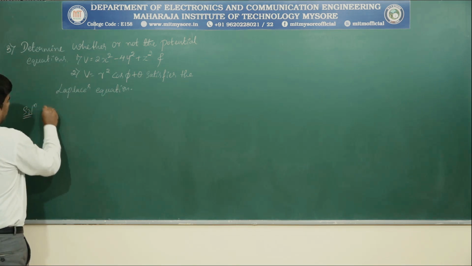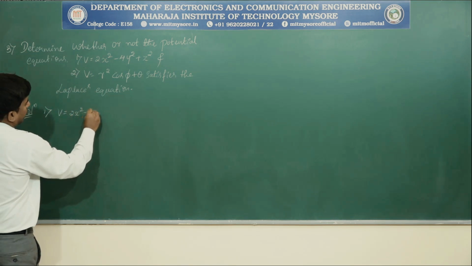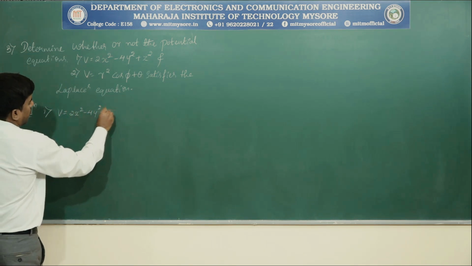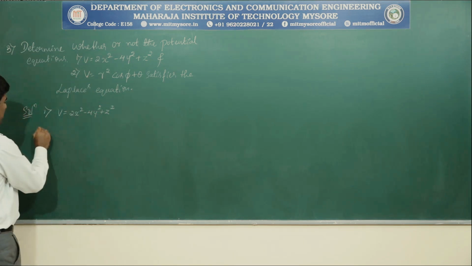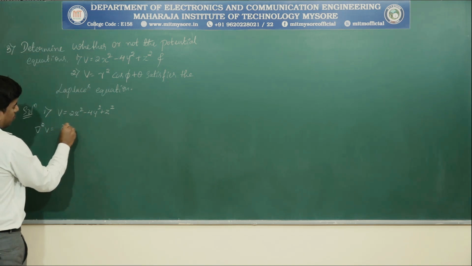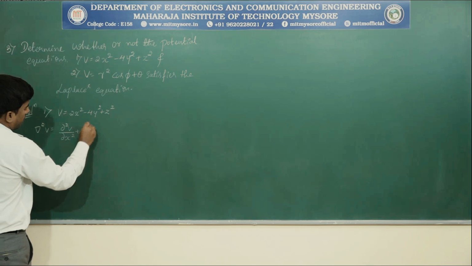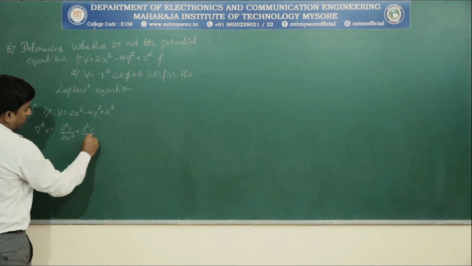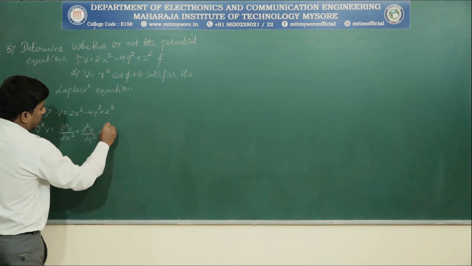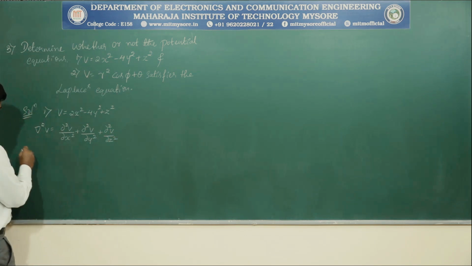The first one, V is equal to 2x square minus 4y square plus z square, which is straightforward. We know gradient square V is equal to dou square V by dou x square plus dou square V by dou y square plus dou square V by dou z square in the Cartesian coordinate system.